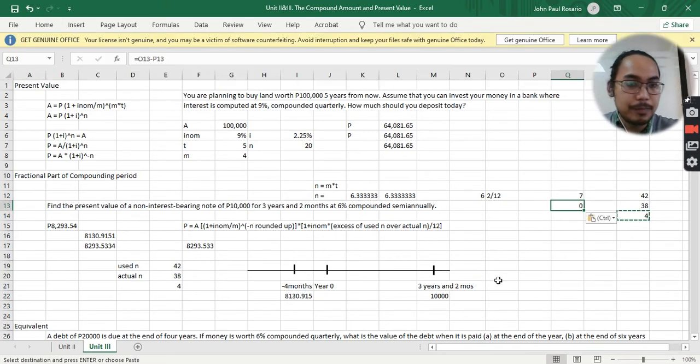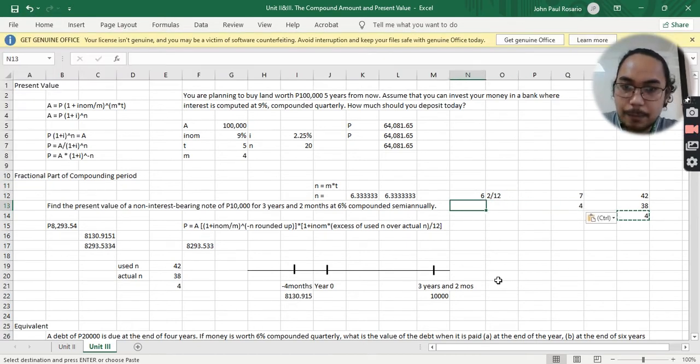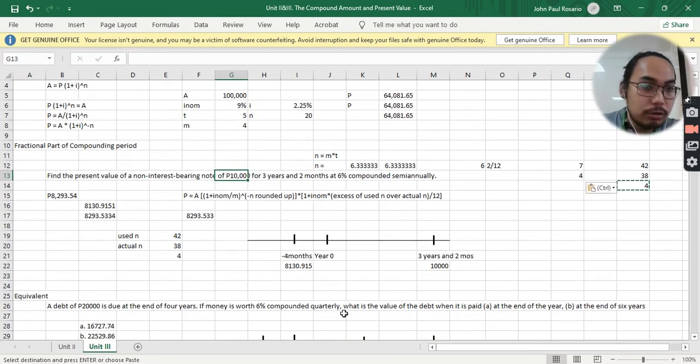We can also represent this counting of number of months, or number of semi-annuals, in a timeline. So what is a timeline? It's a line divided into different periods of time.